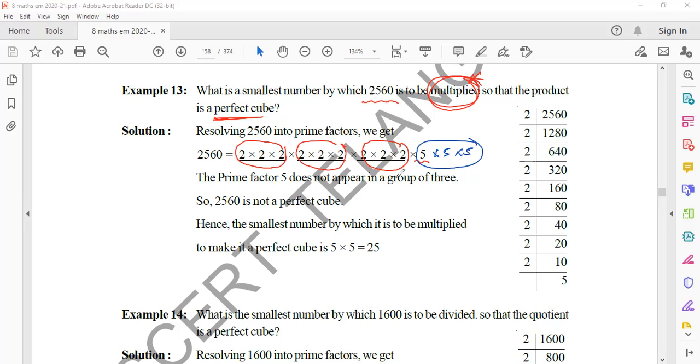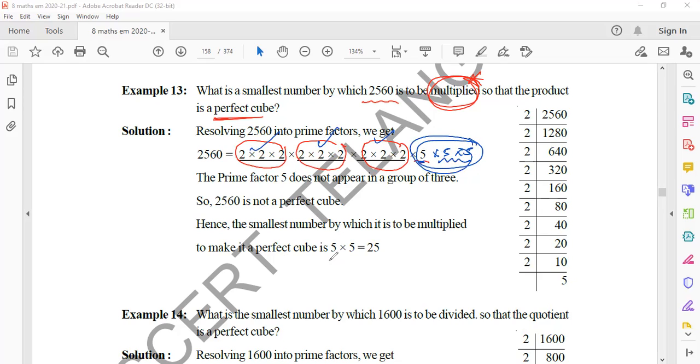Once again I'm repeating: we have to take 2560, do LCM, write what factors are available. After that, start mapping groups of 3. First group, second group, third group, but the fourth I should try to group, but the 5, to make it a perfect cube, I have to have rest of the two 5s also.